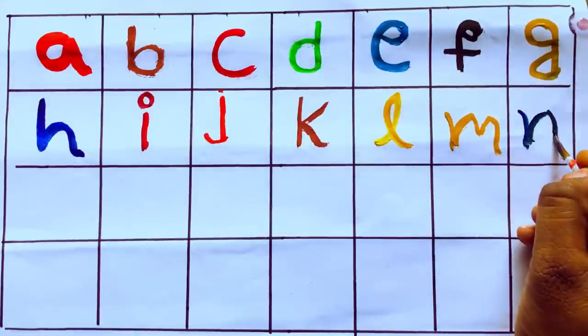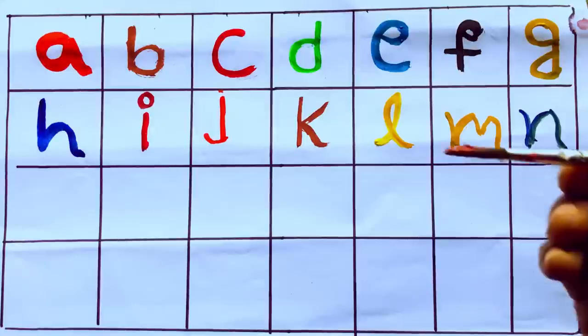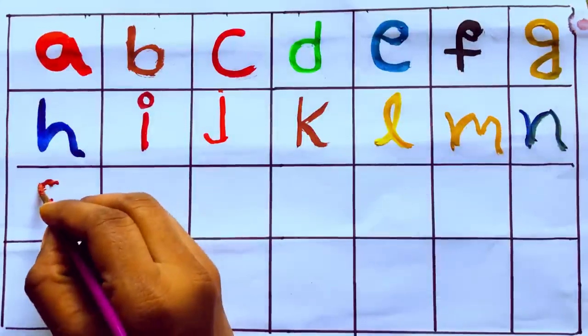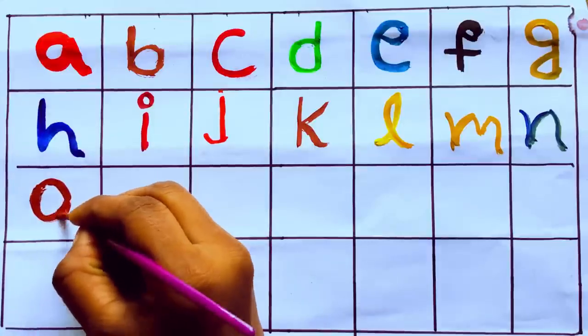Black color, N for nest. Brown color, O for ox.